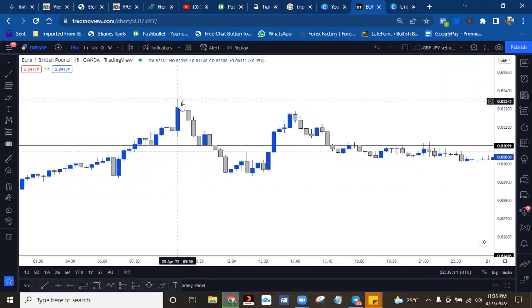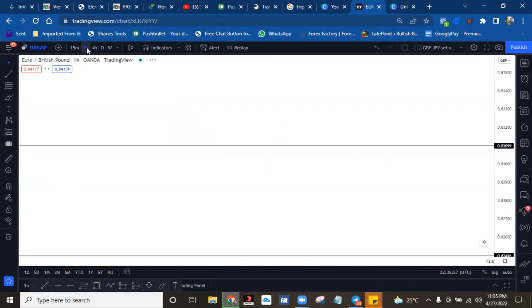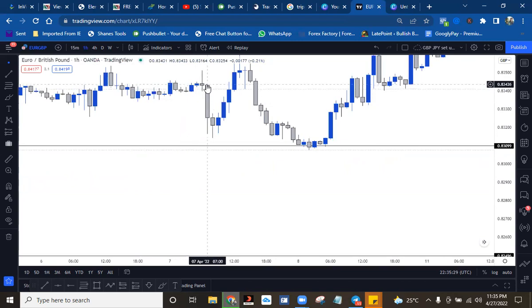After this candlestick closed, this little candlestick here, no matter how little, was formed within 15 minutes. This other candlestick here was also formed within 15 minutes. If you head to the 1 hour time frame, it means this candlestick was formed within 1 hour, no matter how small it is.